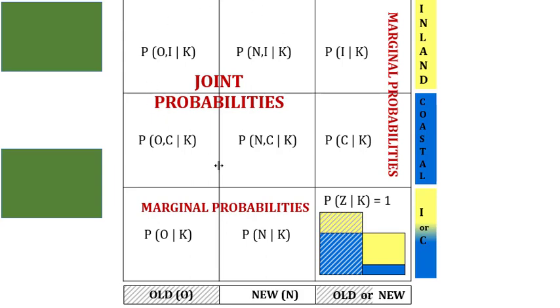These 4 joint probabilities should add to 1. The marginal probabilities in the bottom margin should add to 1, the marginal probabilities in the right margin should add to 1, and these 4 joint probabilities should add to 1.